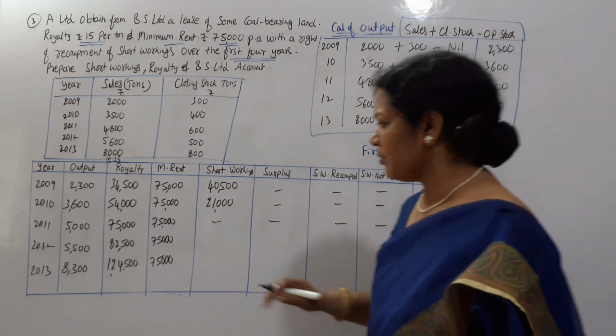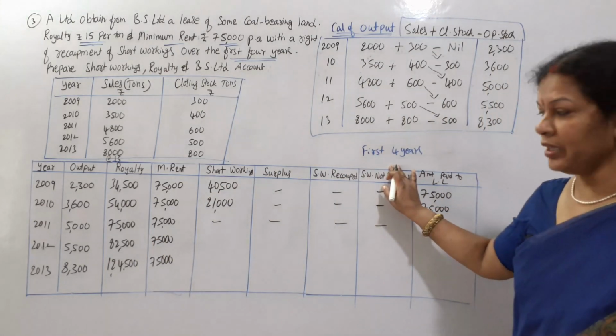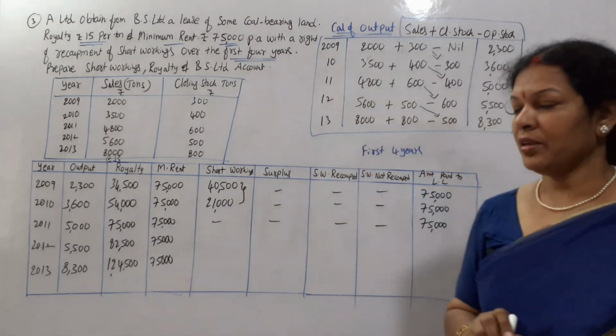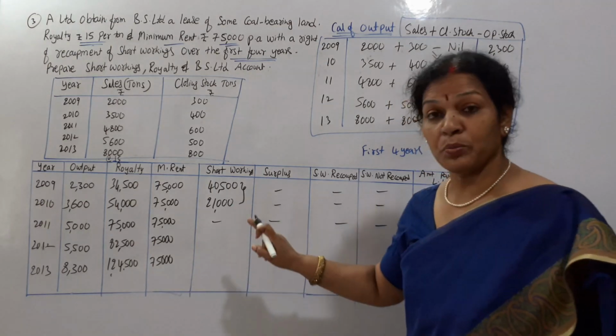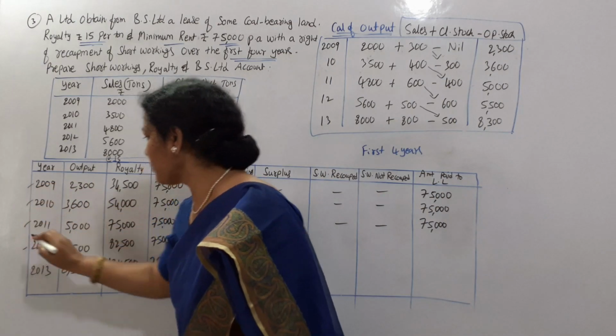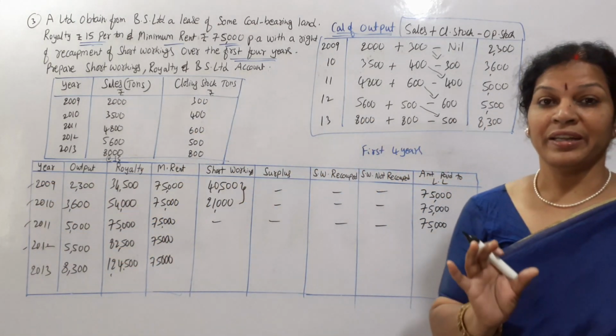Now the fourth year. Recoupment should be in the first 4 years only. This is to be recouped in the first 4 years. First 4 years means 1, 2, 3, 4. By 2012 we have to recoup it. That's the deadline.